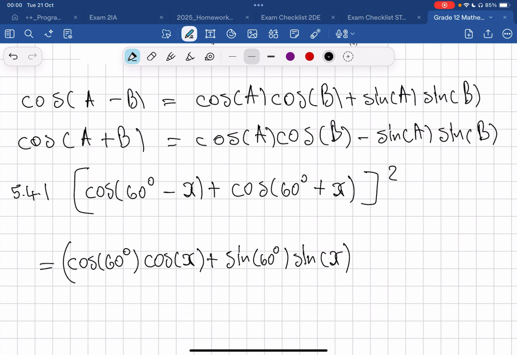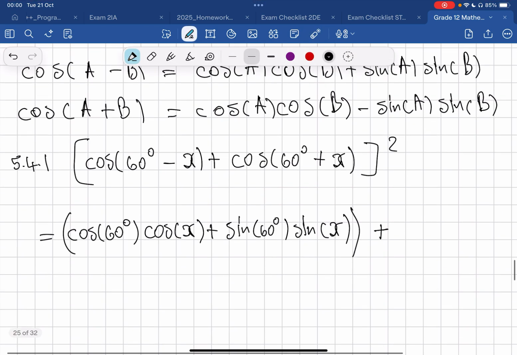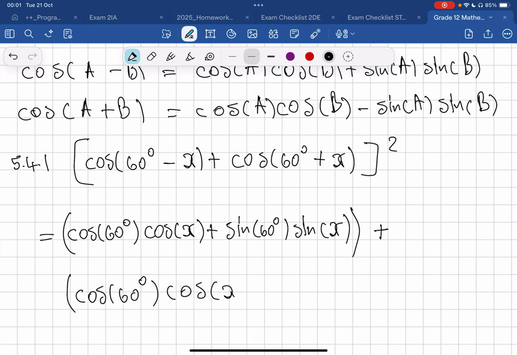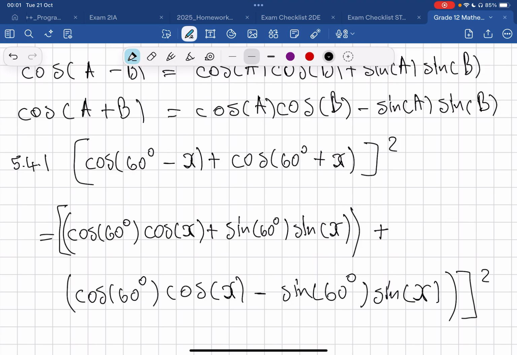Now let's just put some brackets around there. Plus, now I want to evaluate this portion. This is going to be cos 60 degrees cos x minus sin 60 degrees sin x, and we are squaring the whole thing.